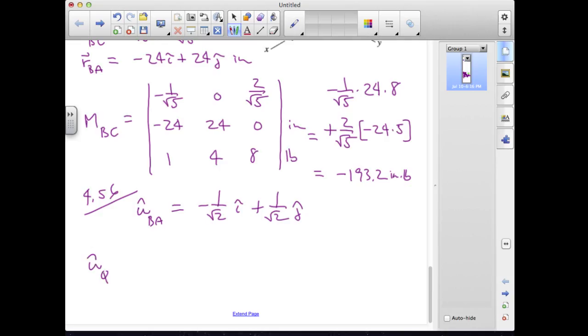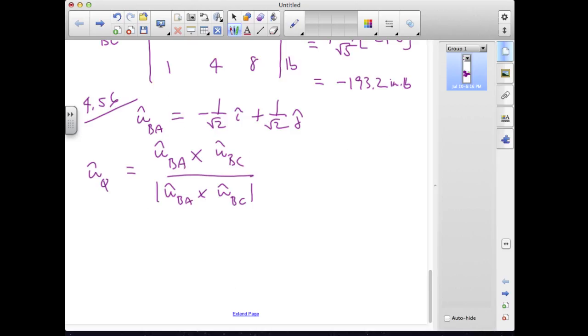that is perpendicular to the plane defined by BA and BC, we can write that as UBA cross UBC divided by the magnitude of that cross. So we'll evaluate UBA cross UBC.